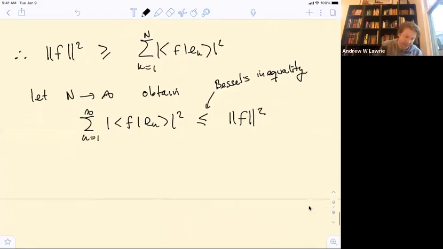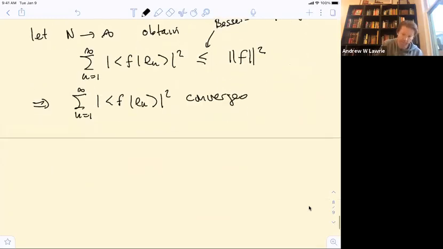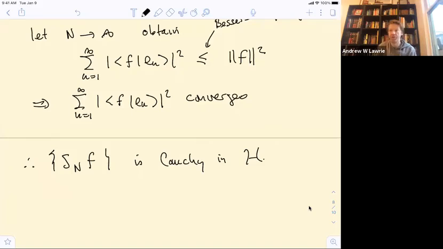Okay, but then this means that this sum on the left converges. It's finite, so the sum from k equals 1 to infinity converges. And therefore this gives a convergent series, so this is Cauchy in H. It's a convergent sequence, hence Cauchy.